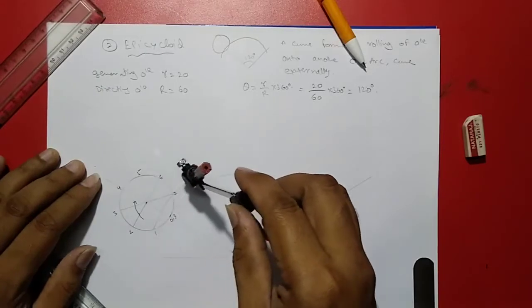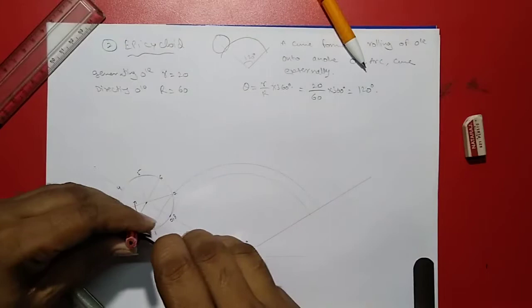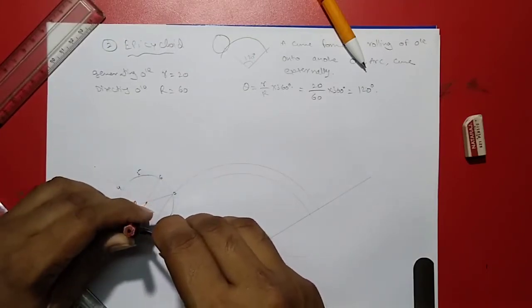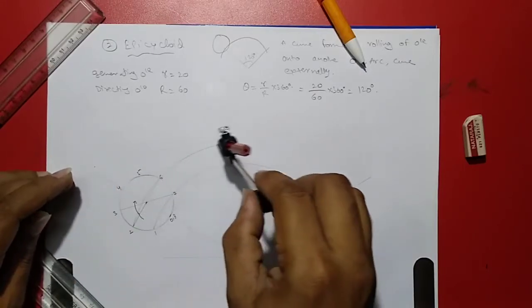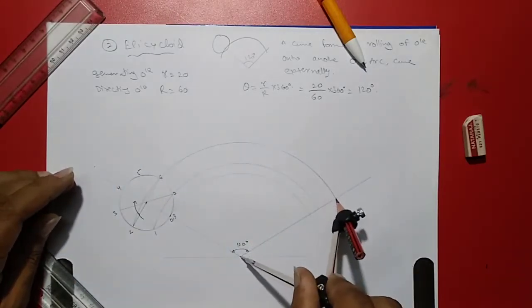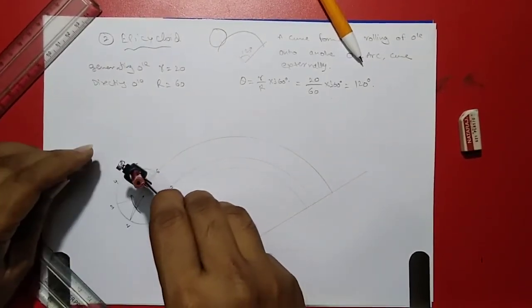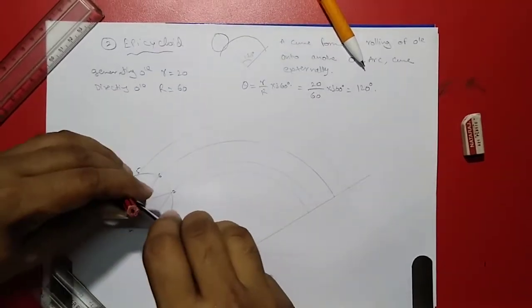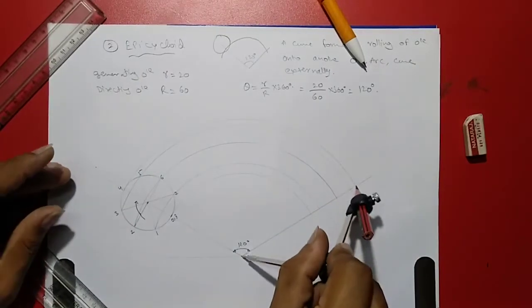So 1 and 7 it is joining. 2 and 6. 3 and 5. And 4.